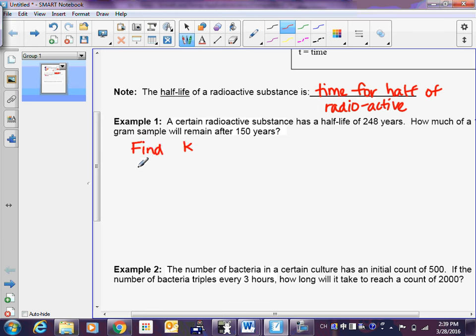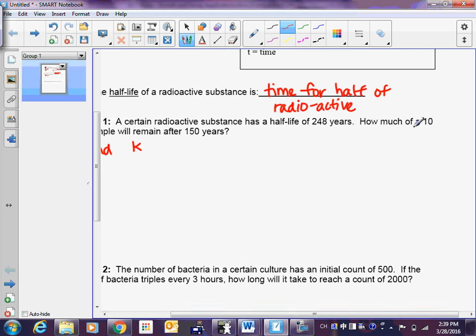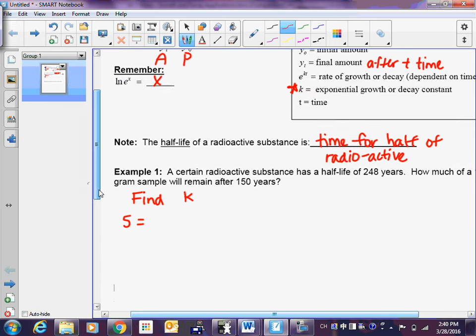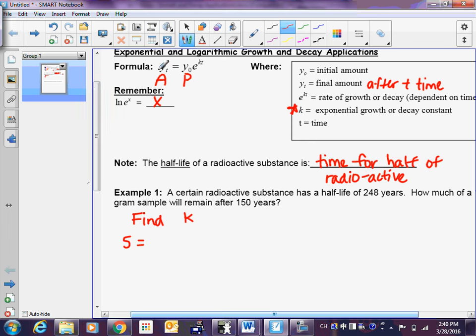So remember our equation. That y sub 0 is the 10 grams, which is kind of off the screen here. This is y sub 0. And we said that there would only be 5 grams left. So look at what I'm doing here. Let me scroll this up just a little bit. I'm going to say 5 grams out of 10.